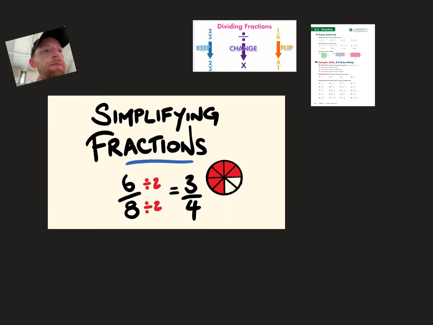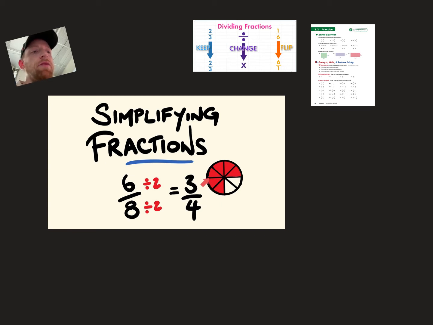If you're not familiar with this, the idea of simplifying a fraction is to essentially make the fraction smaller if you can divide the numerator and the denominator by the same number. So you look here, we have 6/8, which can be represented as 6 pieces of a pie out of 8.